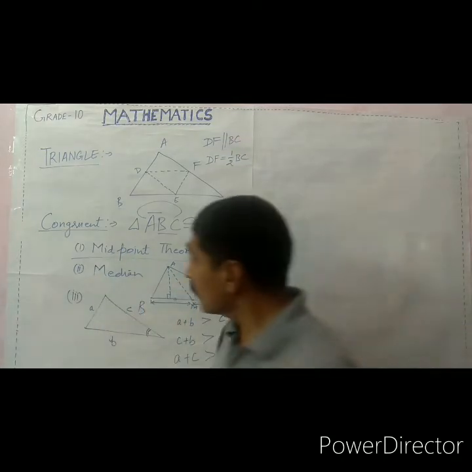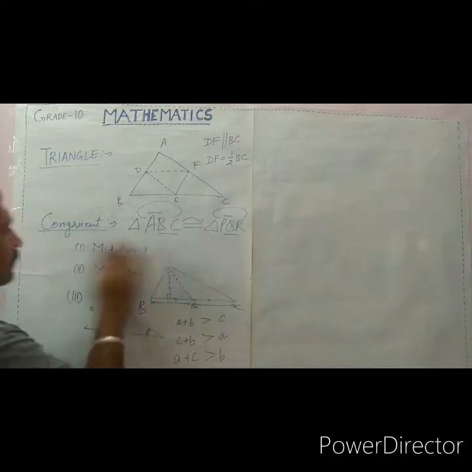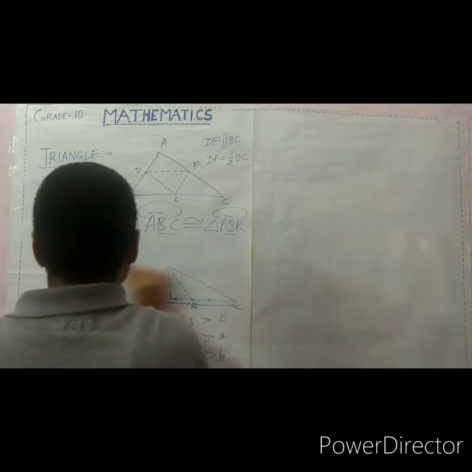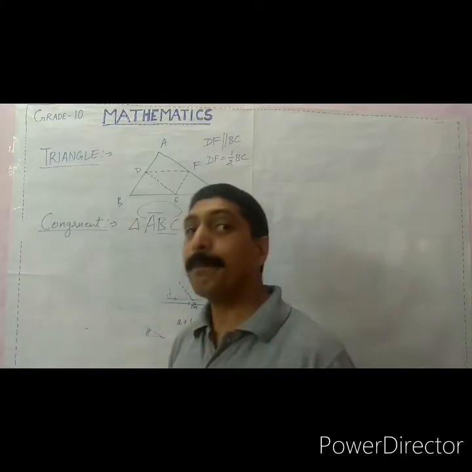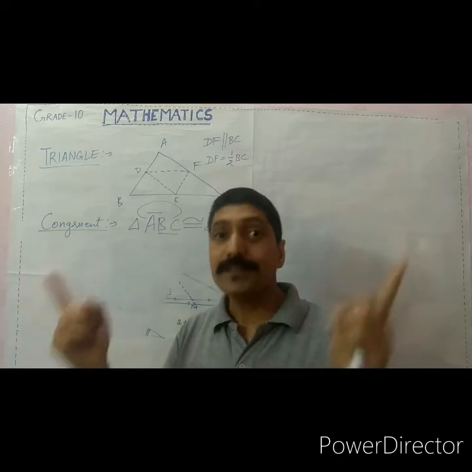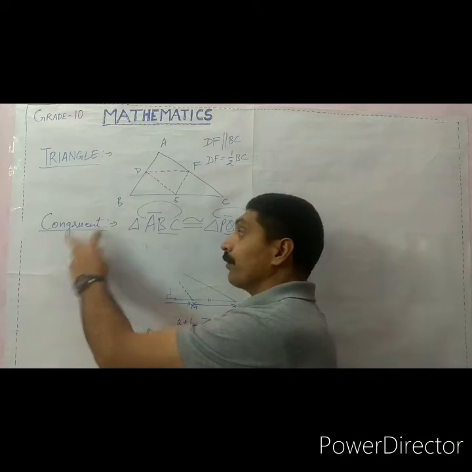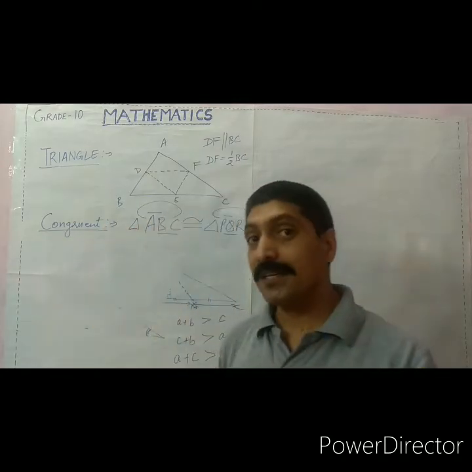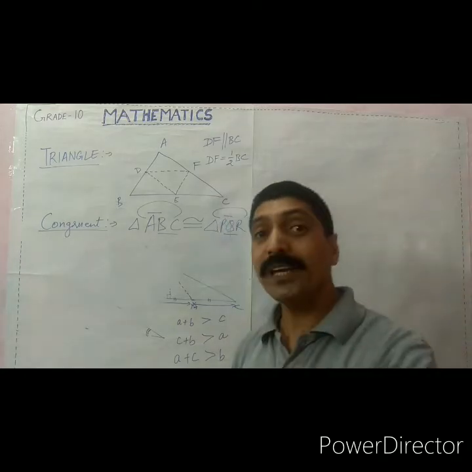Now, congruent figures and similar figures. Similarity: when the shape is the same but the size is different, size may vary. All congruent figures are similar, but similar figures need not be congruent.